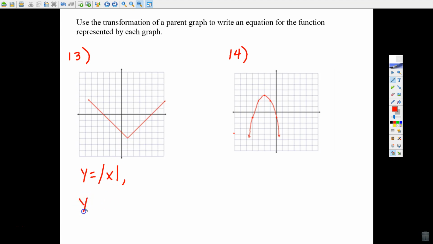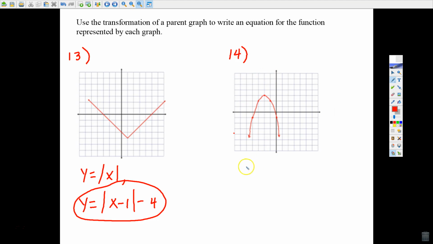The way I show a shift of right 1 is I put -1 inside the absolute value walls, and the way I show a shift of down 4 is I put -4 outside the absolute value walls. And that's the answer for number 13.